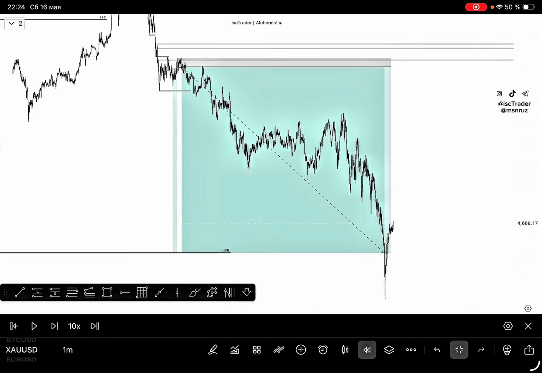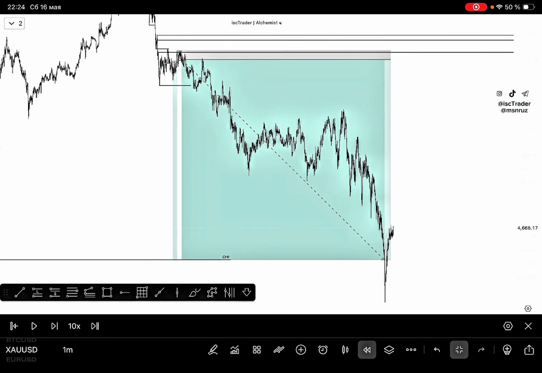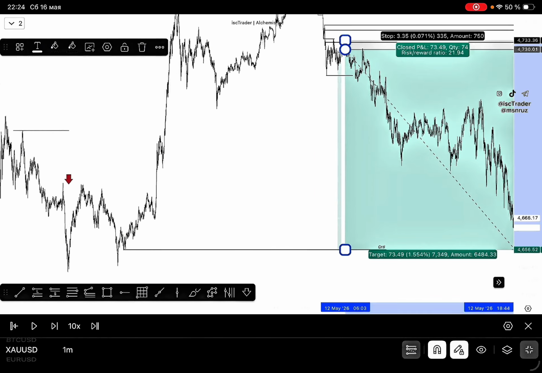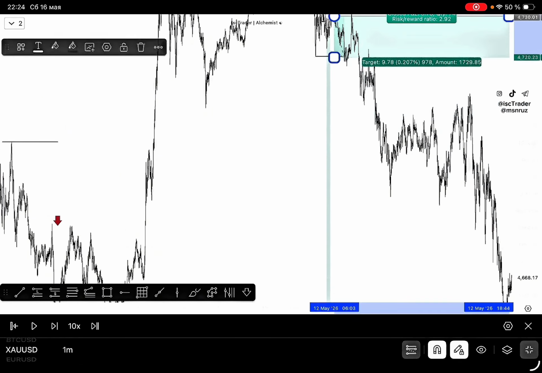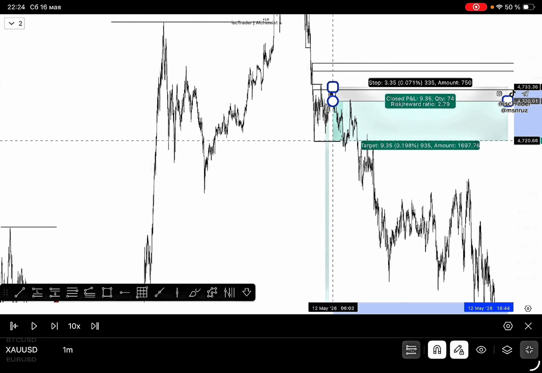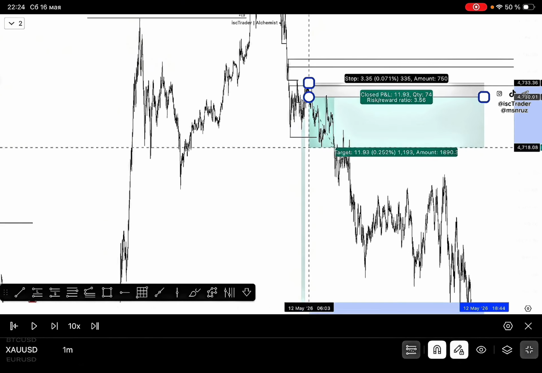We hit the take profit, and the risk reward is 1 to 21. This is a full take profit, of course. Those who want can close the trade at this internal range liquidity. Here, the risk reward would be close to 1 to 3.